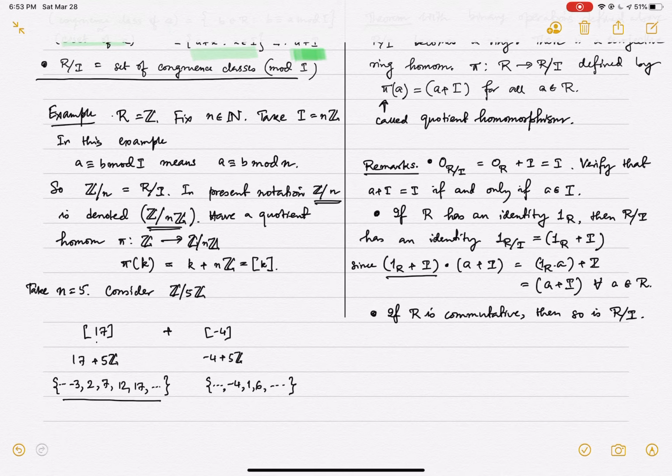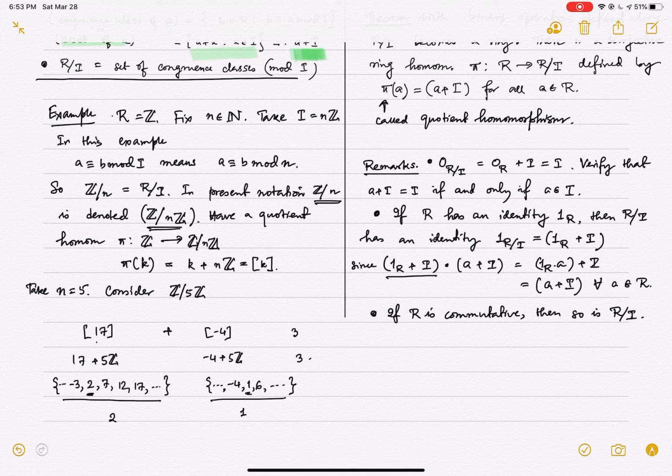It said choose an element from this coset. Well, I choose 2. That's an element from this coset. And choose an element from this coset. Well, I choose, I don't know, 1. And I add them, 3, and take the coset of that.